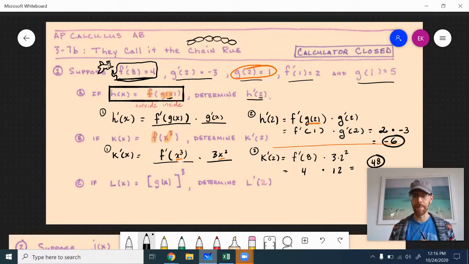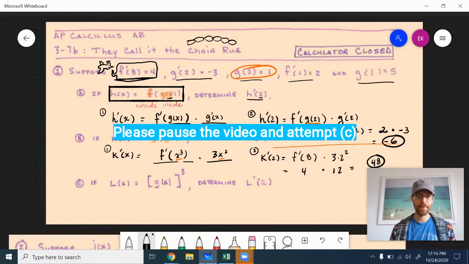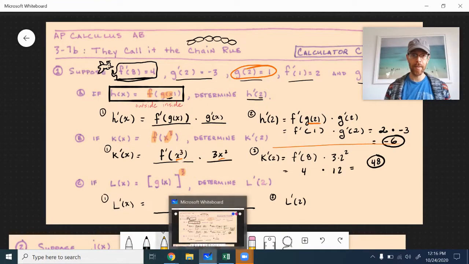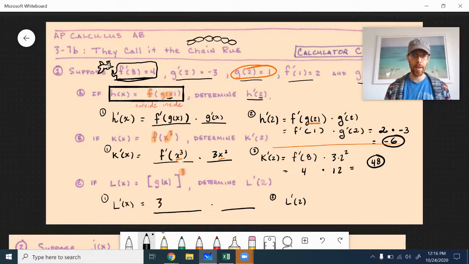I would like you to try the third one. Hey, let's check your work. You started by identifying this is the outside function, which means you got 3 times something squared, where your inside function is this multiplied by this.